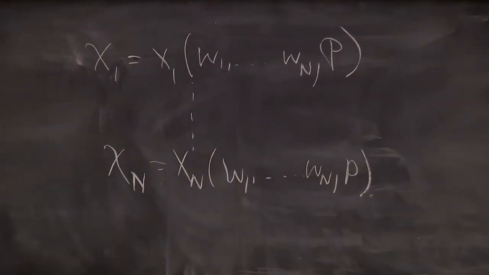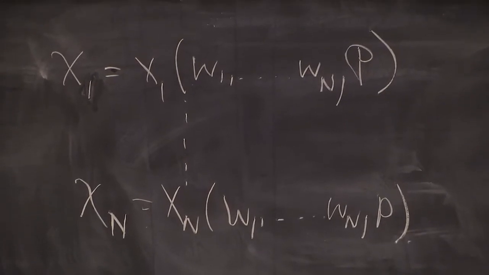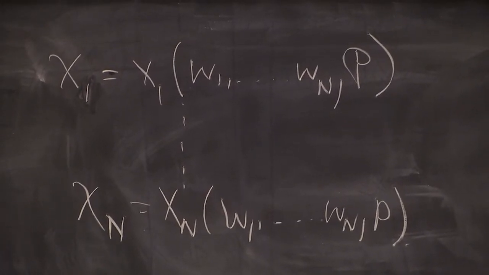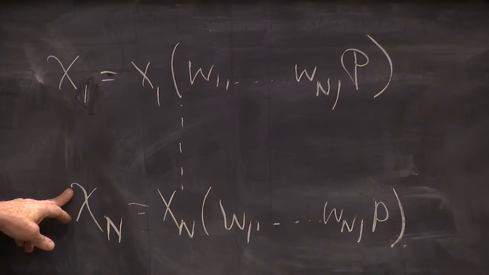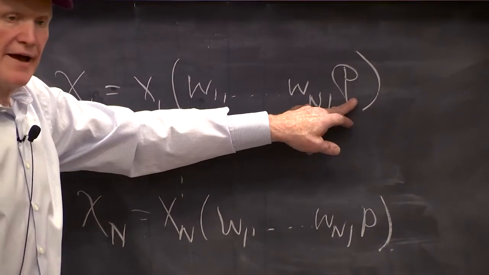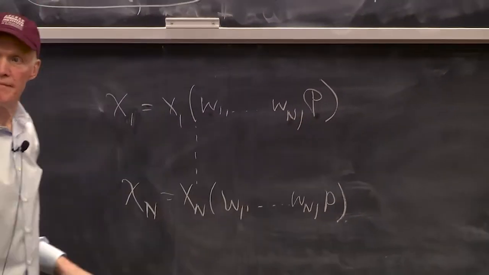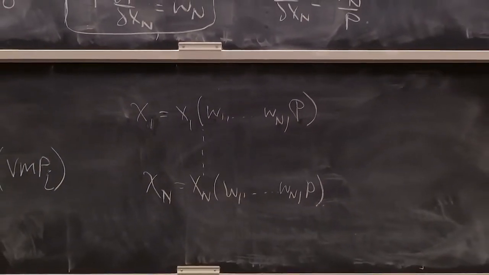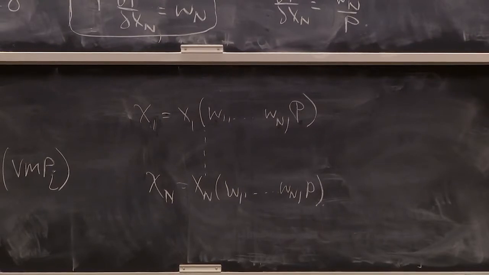Those are what we call factor demand equations. They would tell us the amount of each input that the firm demands as a function of the prices of all the inputs and the price of output. What properties would this system of demand equations satisfy?